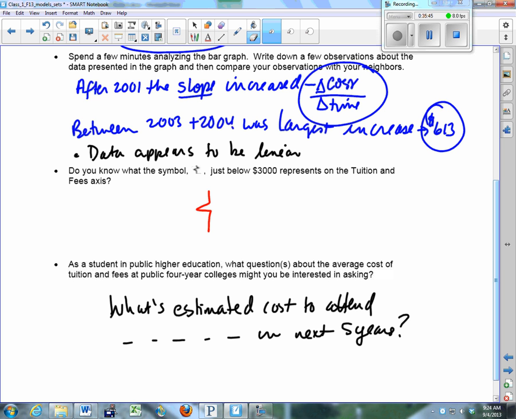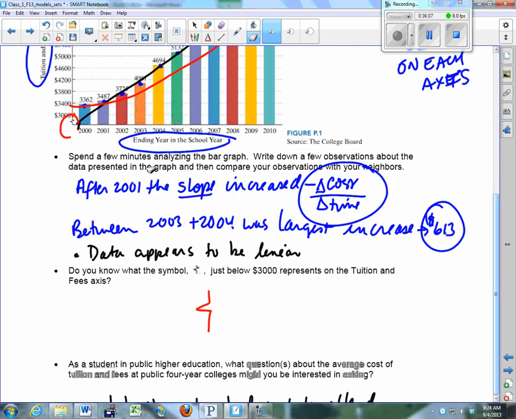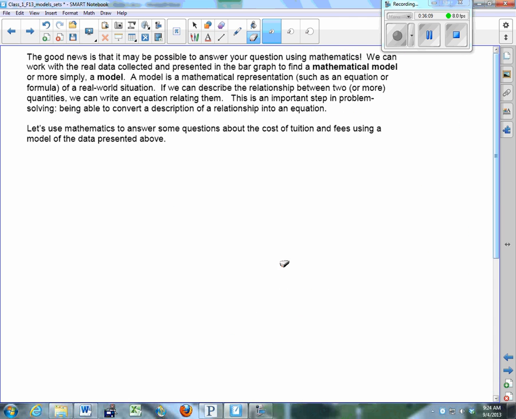Now, this is U.S. four-year public schools. It doesn't even deal with private. That's another whole different bar graph. If we put the bars side by side with private, what do you think they would look like? The curve would be steeper and they'd be taller. Okay. So the good news is it may be possible to answer your questions using mathematics.